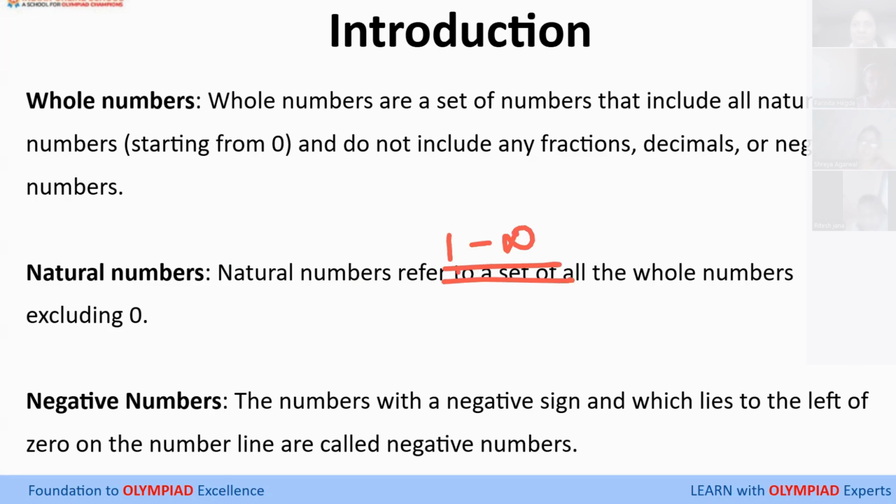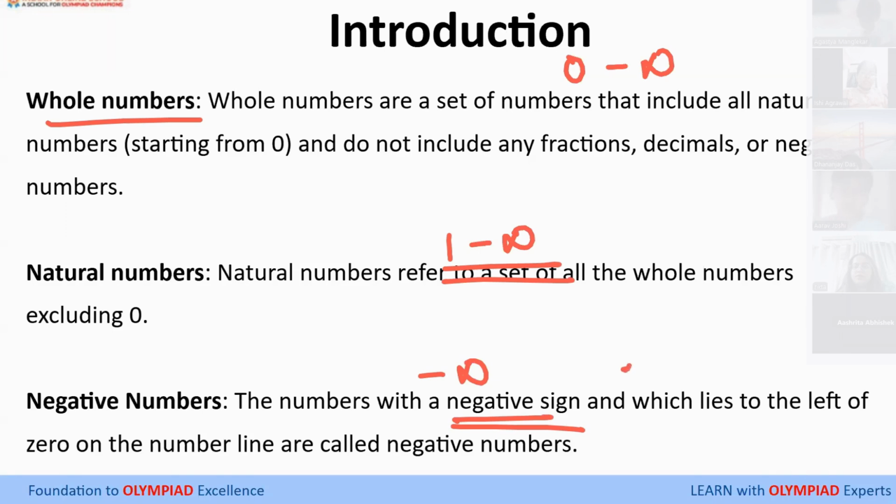I'm extending the set further by simply adding the number 0 to this set. So 0 to infinite becomes whole numbers. Again, I'm extending the set of whole numbers by adding negative numbers to them. So negative infinite to positive infinite, that's the set of integers, which we are going to learn today. Okay, all of you?